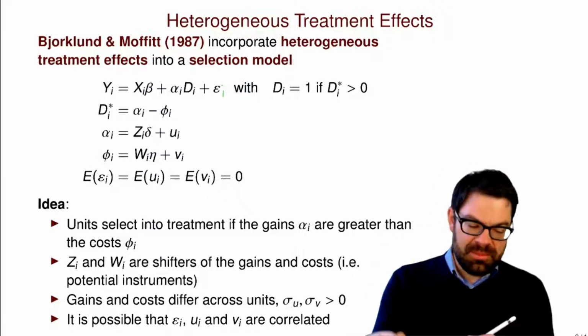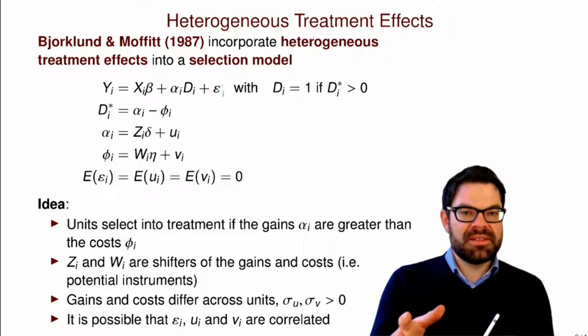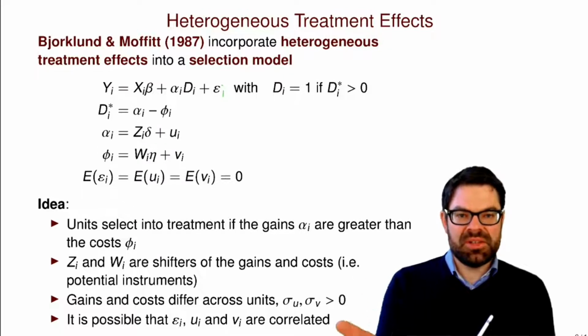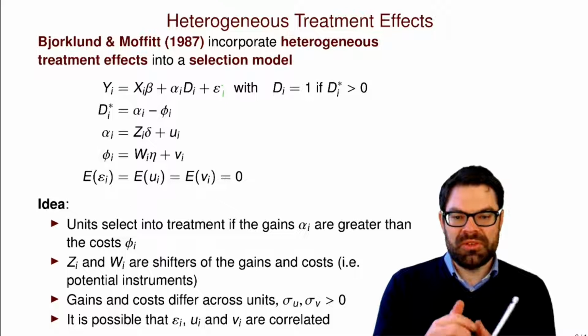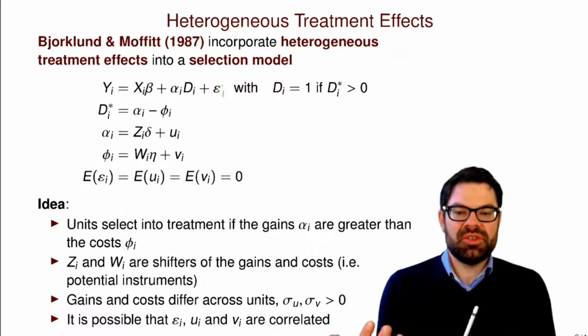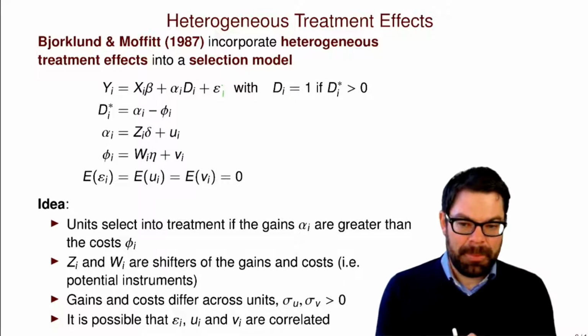And then in an empirical application, they use it to look at all sorts of effects of, for example, unionization on wages, of education on wages, and so on. The main part of the paper is the method, and then they show an application based on Swedish data.